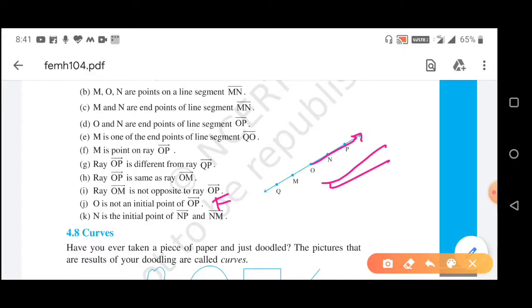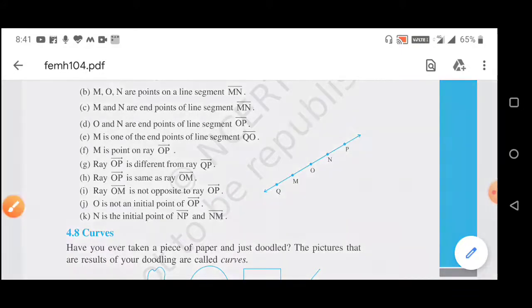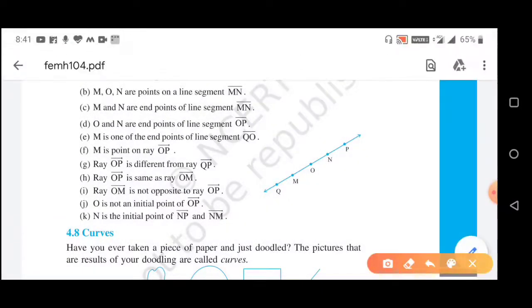Now, question number K, N is the initial point of ray NP and ray NM. So, if we look at the diagram, then the ray NP is in this way and ray NM is in this way, and both have the initial point N, which is true.